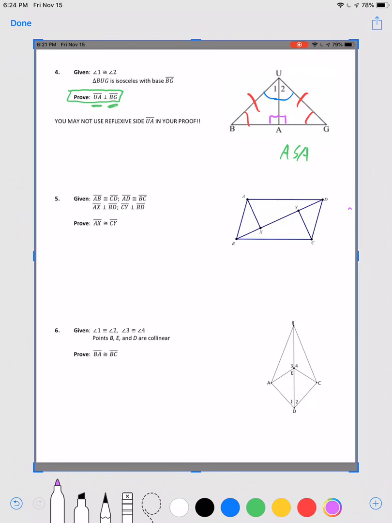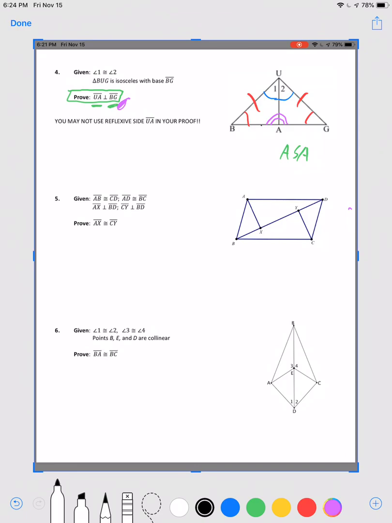Oh, I'm kind of cheating. I put the little purple boxes already, but we have to prove that they're right angles. That's what we want to show. So for now, we'll just put arcs, and then we'll go through the logic of why we know they have to be 90 degrees.